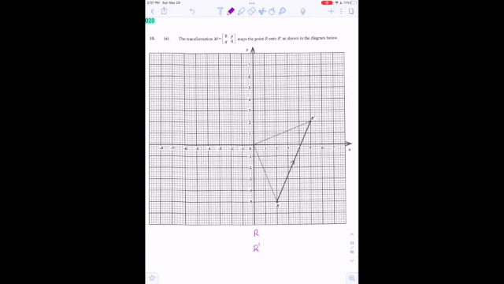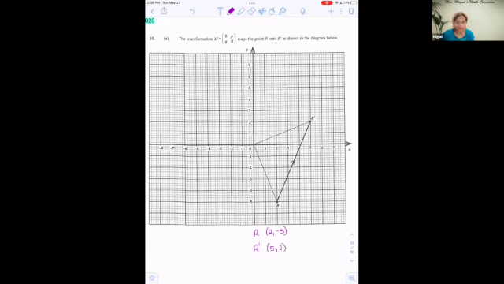Finish, Miss. All right, Brittany, give me the coordinates of R. 2 and minus 5. All right, someone else, you give me the coordinates of R prime? 5 and 2. Yes, 5 and 2.